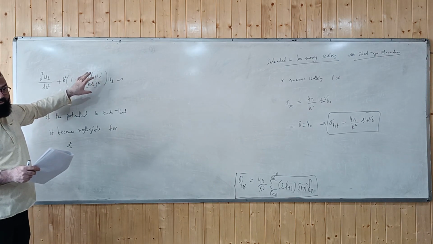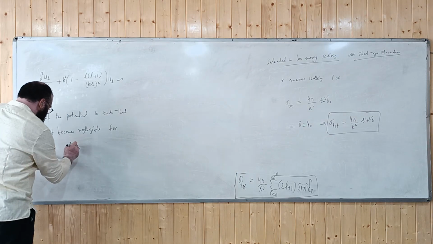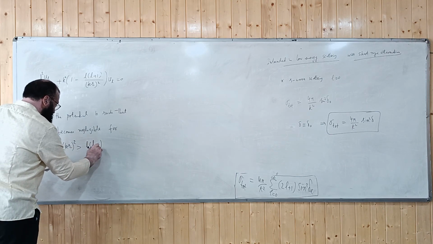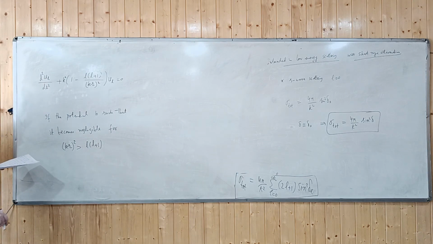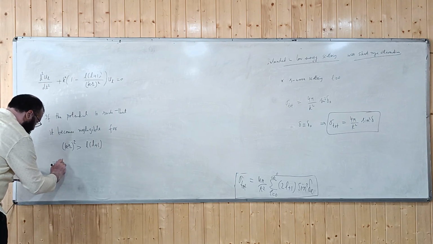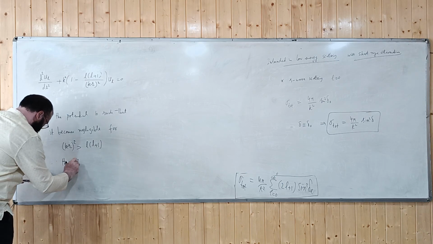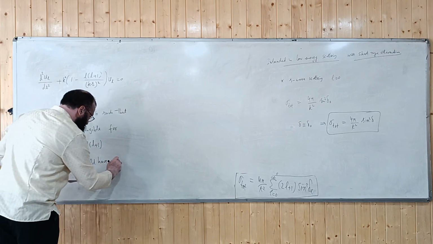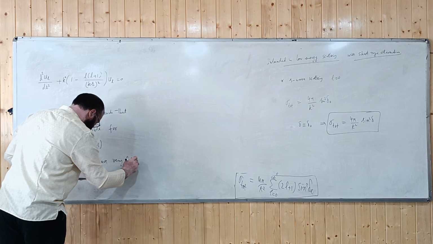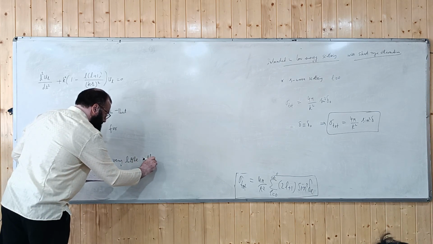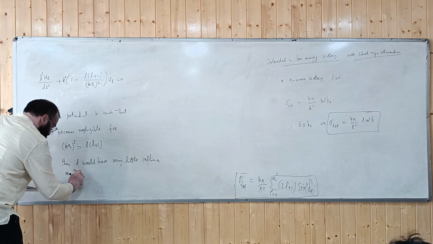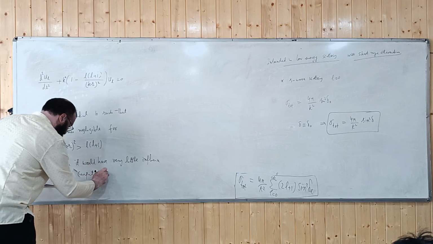Clear? So it means this r square, so that we write this kr square is larger than this L into L plus 1. Then the potential would have very little influence on components of wave functions.